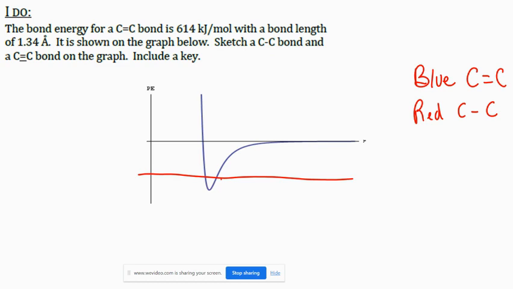Do we expect the bond length to be greater here or here? Single bond or double bond? Single bond. So our length is going to be on this side of this. So it's going to be somewhere. So if we were to draw this, it would look something like this.